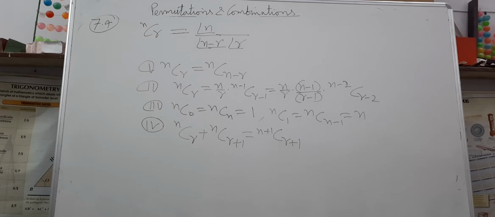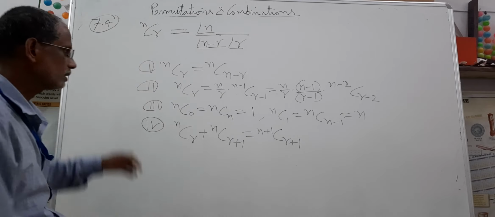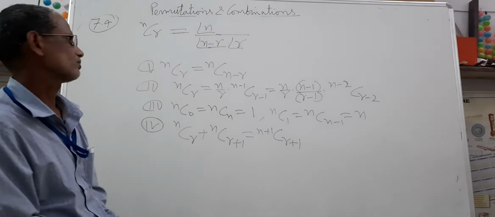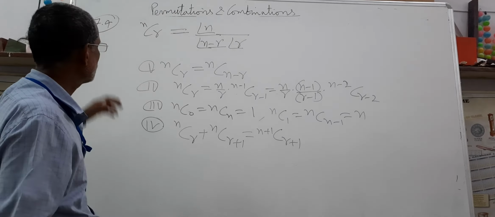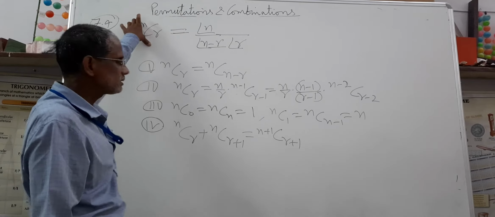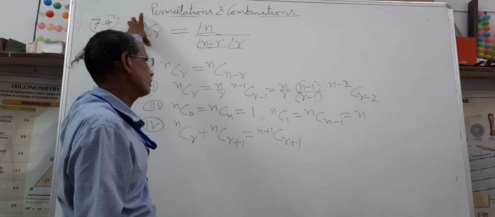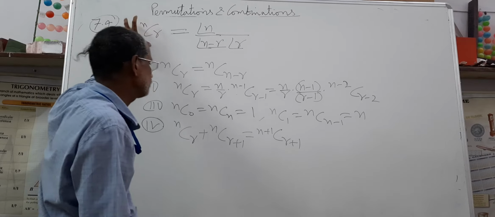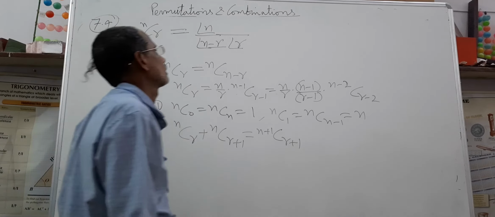I will prove this in the binomial theorem chapter. Till then, memorize these and solve questions. Because numerical uses of NCR are present in this chapter, I will explain some numericals also.